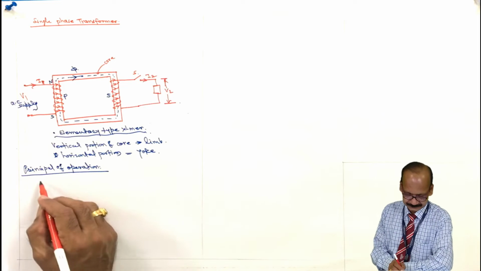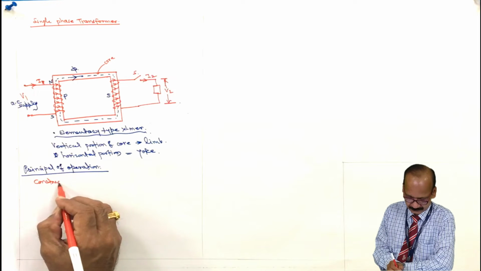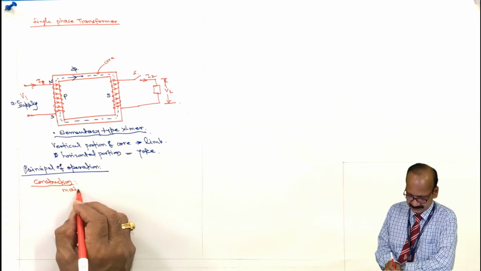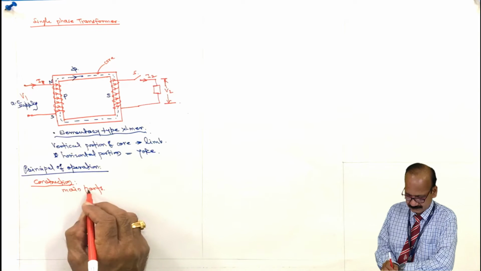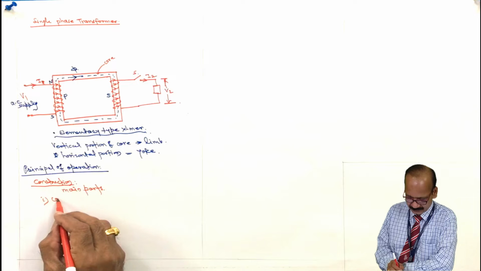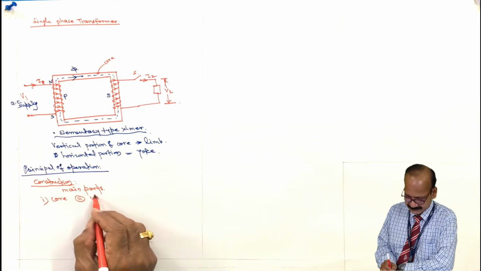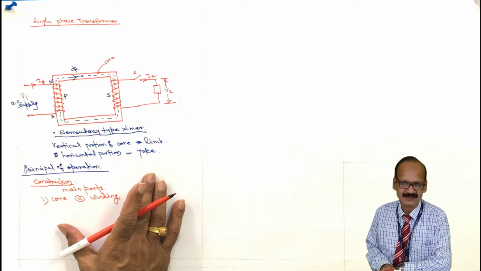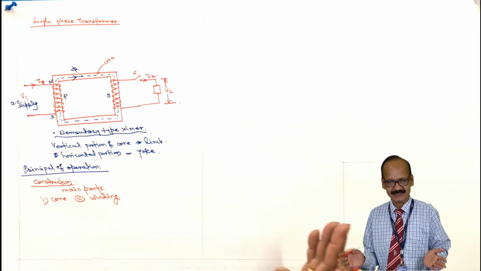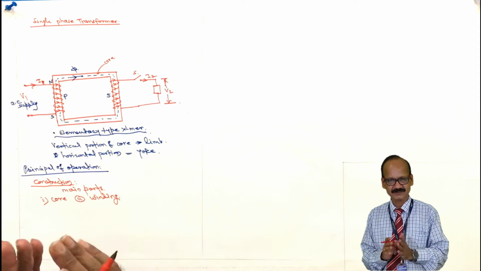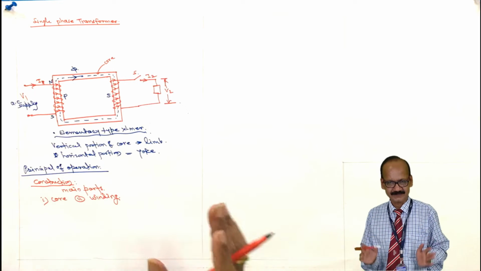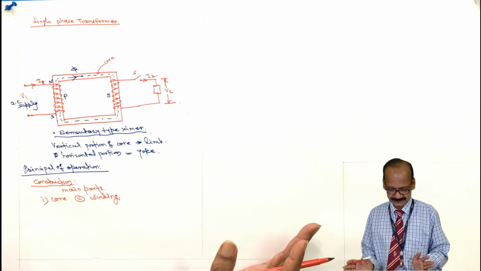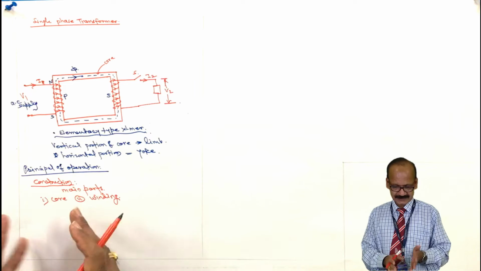Now see the construction. The main parts of the transformer are, first the core and second the windings. Besides these two main parts, there are other parts also, that is the container, the explosion vent, the cooling pipes, radiators, conservator and breather, etc. Now let us study one by one.